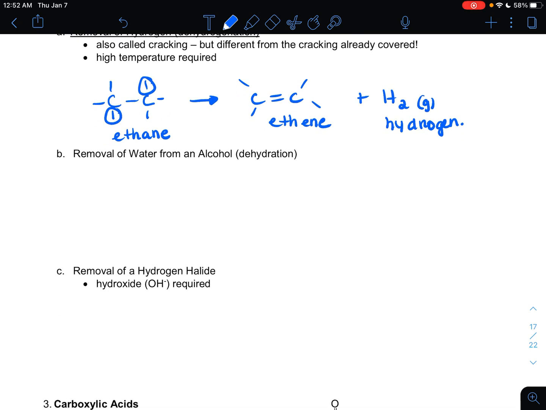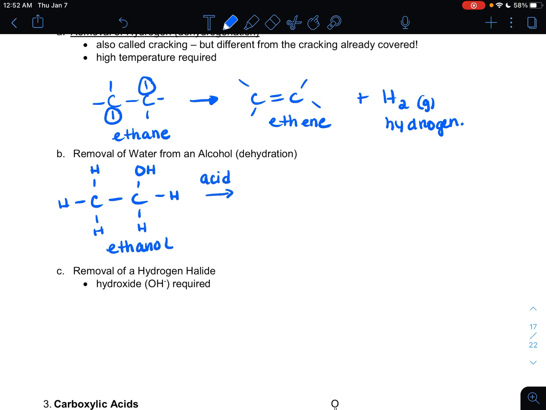It's a lot easier to do it by having these functional groups to remove them from. And so where we're going to see this, and where they're used very often, is here, ethanol.